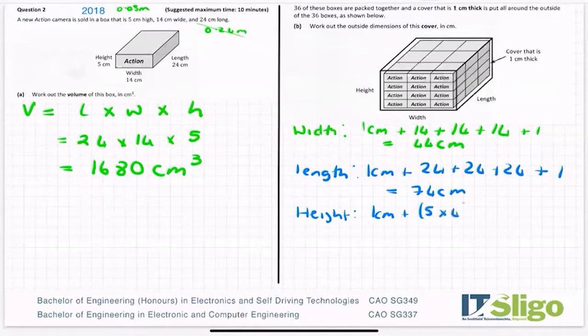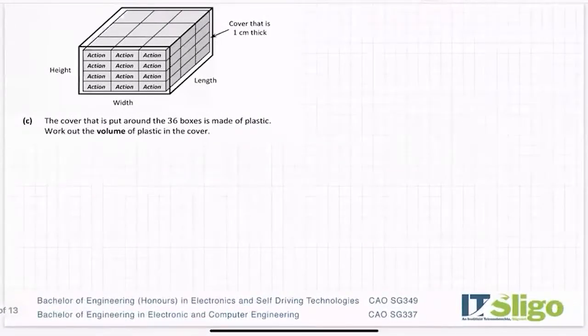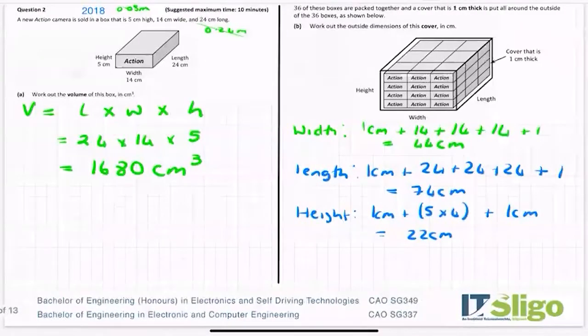So 5 by 4 plus the 1 centimeter covers. So that's 22 centimeters height is what I make out the dimensions of this cover. I hope I answered that one right, but I think I am. So the cover is 44 by 74 by 22.